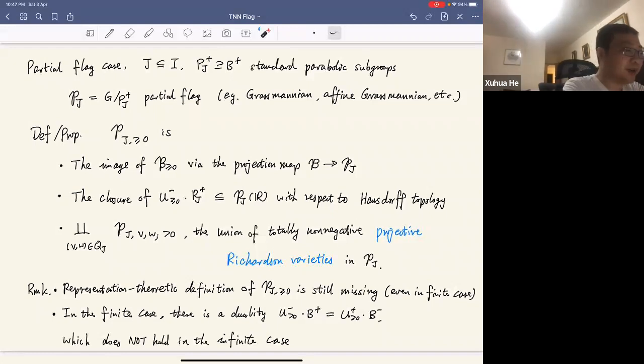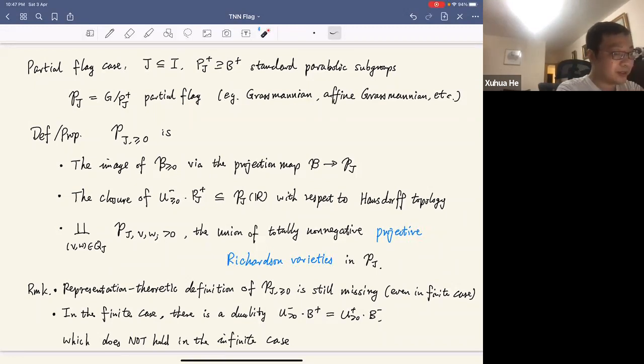Then we have this G quotient by Pj plus. This is what we call the partial flag. And there are many important examples that are worth considering, for example the Grassmannian or the Avant-Grassmannian, and there are many others.